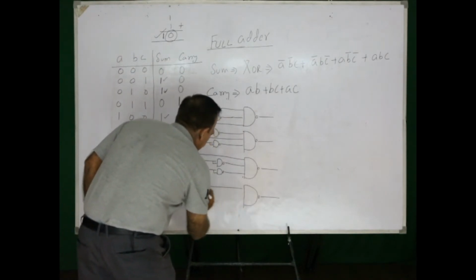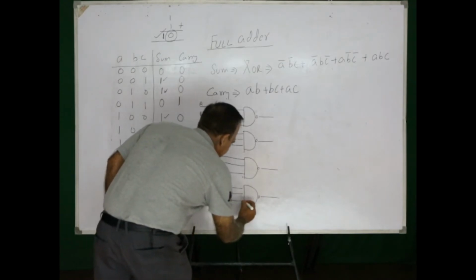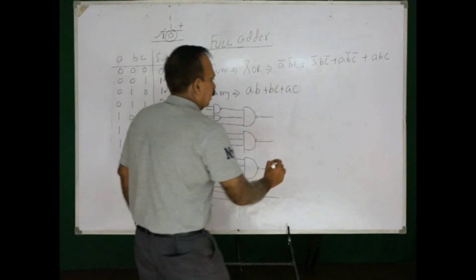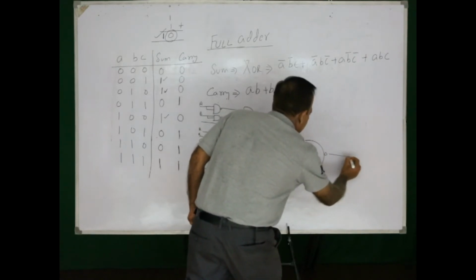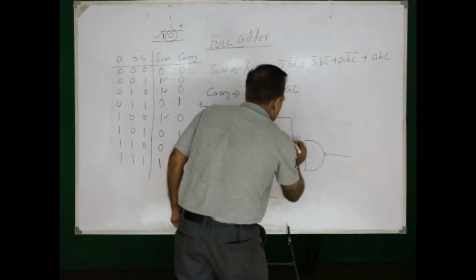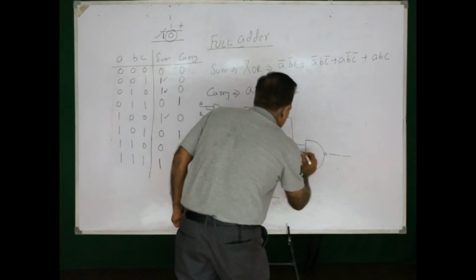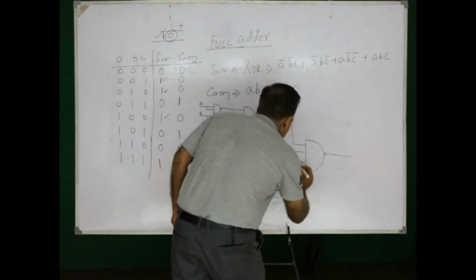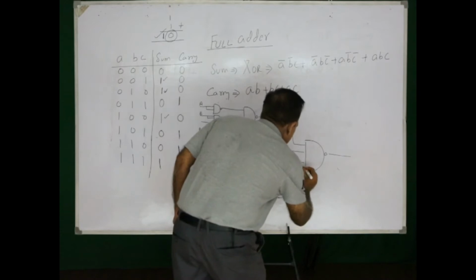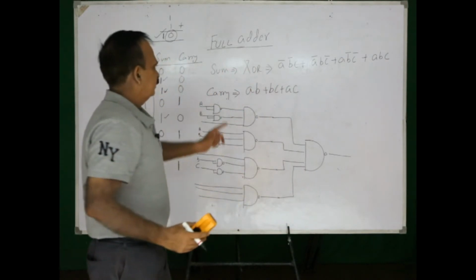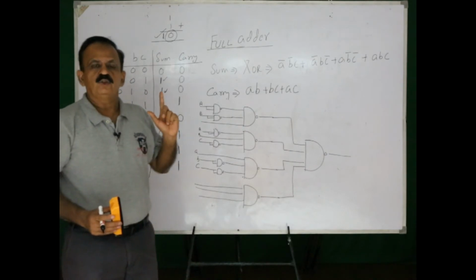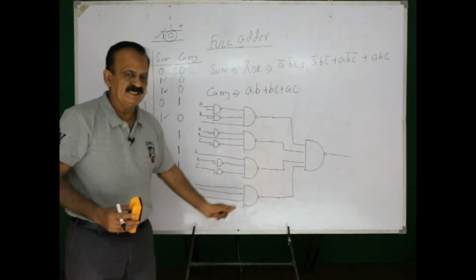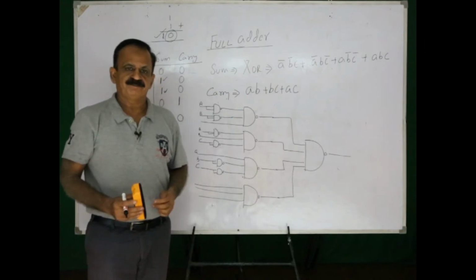This is A, this is B and this is C, and all these will be added, and I will be using the NAND gate. Now this particular one is a circuit by using only universal gates. This is a circuit of this sum expression by using only the universal gate, and that gate is the NAND gate.